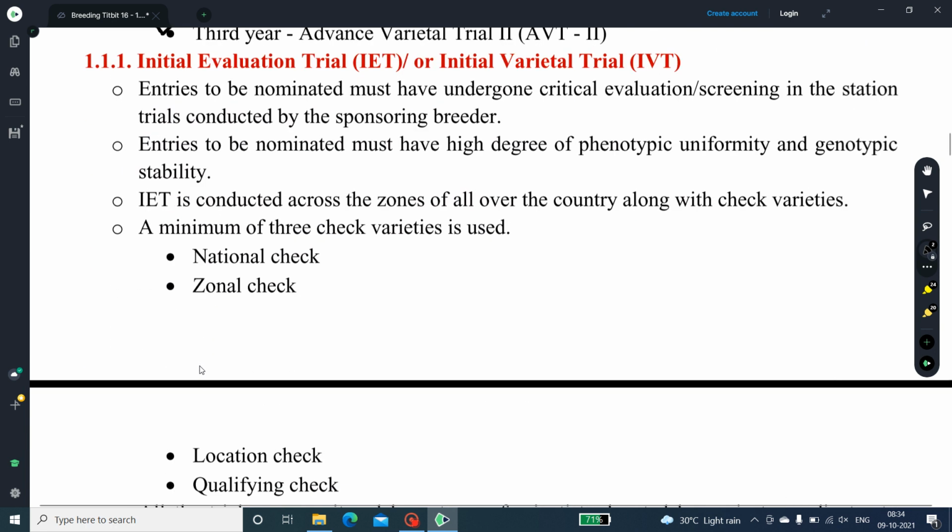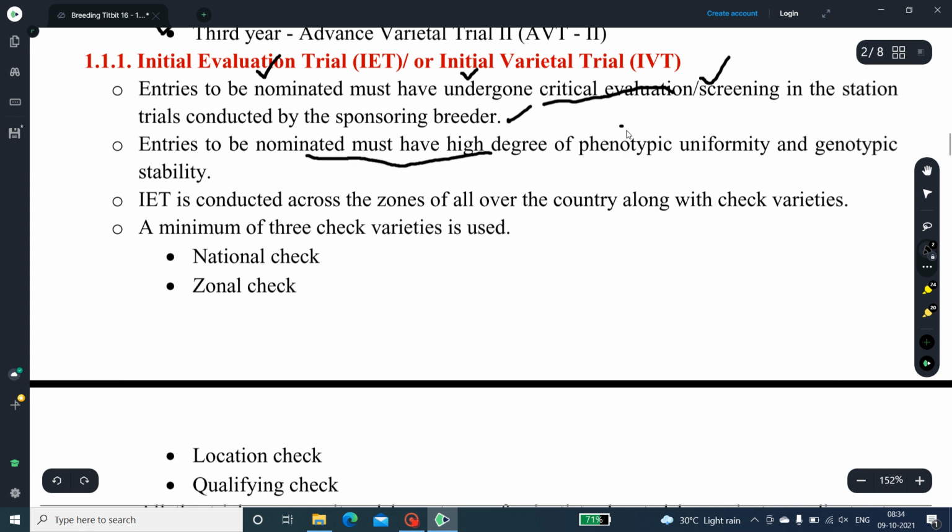First we will see what is meant by the initial evaluation trial or initial varietal trial. The entries to be nominated must have undergone critical evaluation and screening in the station trials conducted by the sponsoring breeder, maybe at the ICAR institute or state agricultural universities. The entries to be nominated must have a high degree of phenotypic uniformity and genotypic stability.